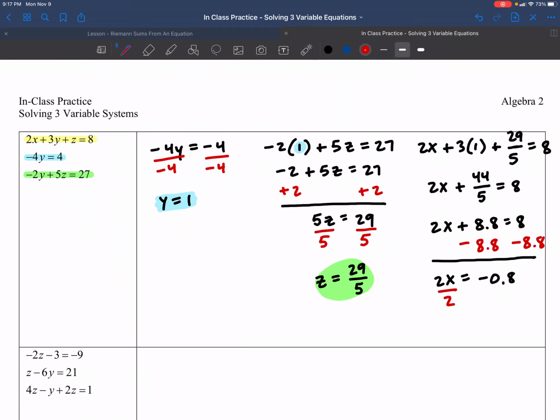I'm going to divide by 2, and x is equal to negative 0.4. So those are my 3 solutions. X is equal to negative 0.4. Y is equal to 1. And z is equal to 29 over 5, or, as a decimal, 5.8. And those are my three solutions.